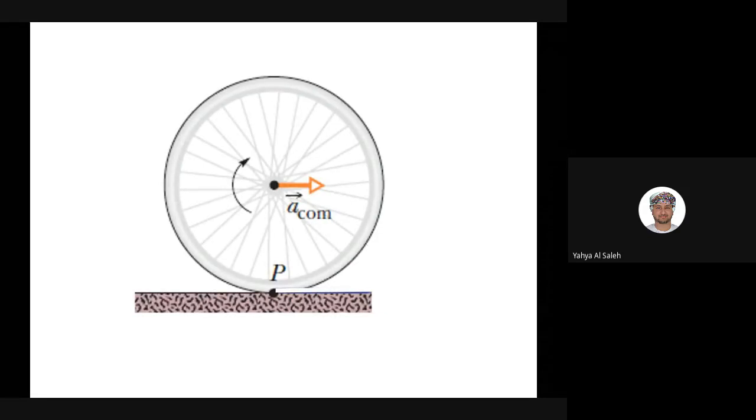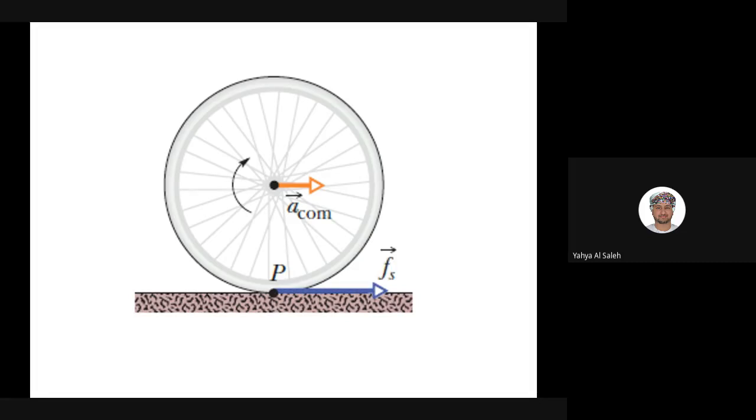Now, if you have read ahead in your book, you would see that in a lot of the problems they mention rolls smoothly without sliding. And there's a very good reason for that, because the physics with sliding and the physics without sliding are actually very, very different. So let's take a look.